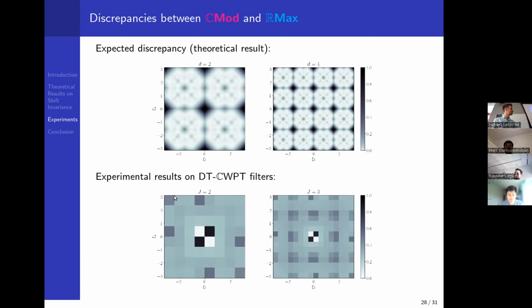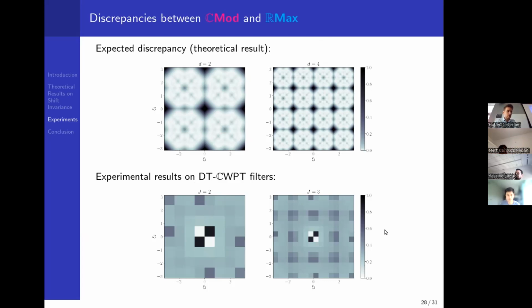To each pixel there is actually one dual tree filter. I performed the experiment with j equal 2 and j equal 3, which corresponds to a subsampling factor of 2 and 4, as I said before.